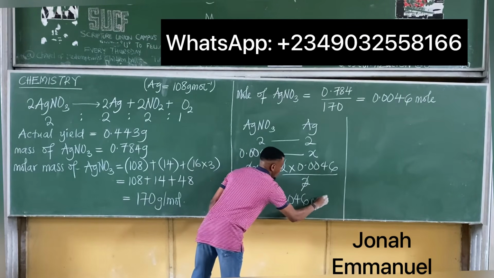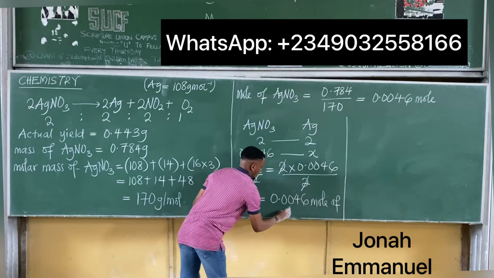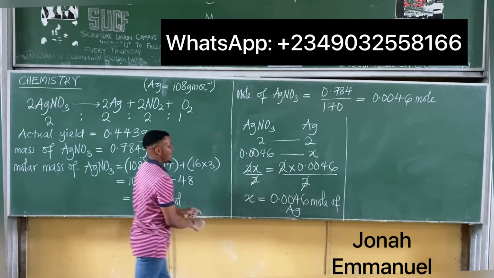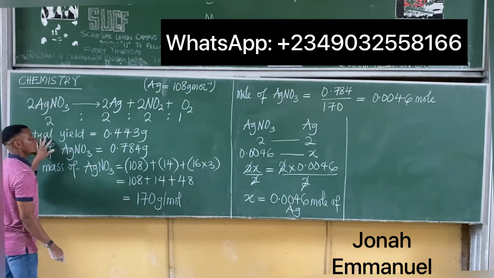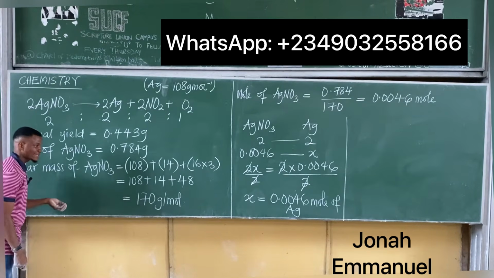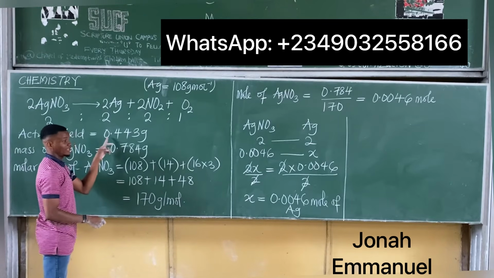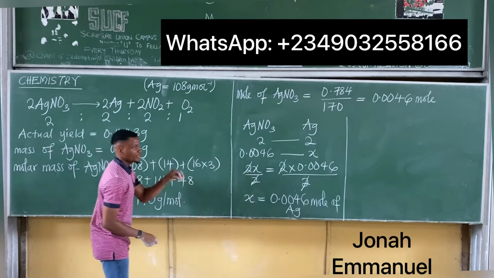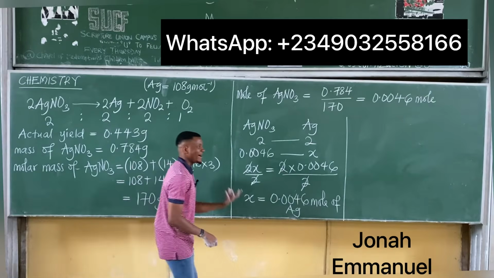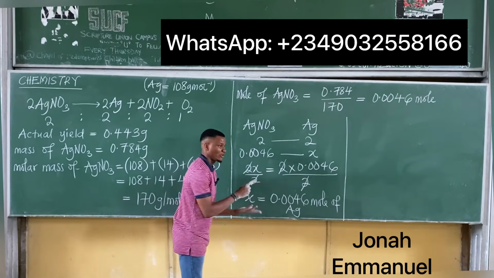X is equal to 0.0046 mole of silver. I said the actual yield is the mass of the element as given in the question, which is this. The theoretical yield is the mass of that same element as calculated.